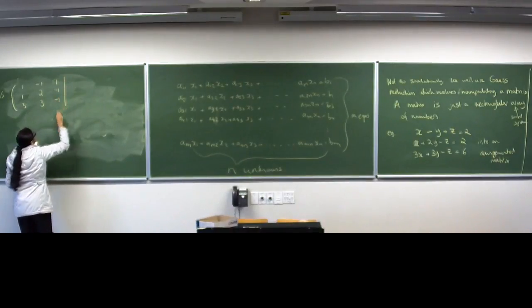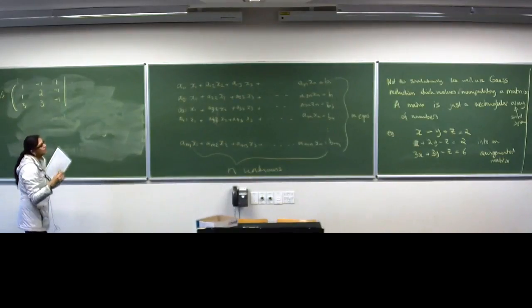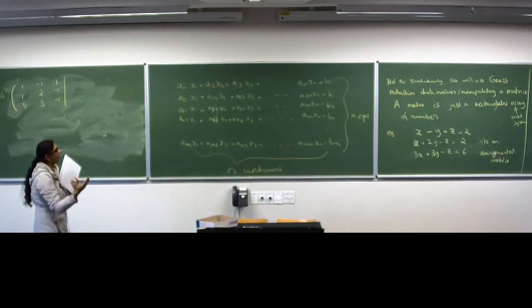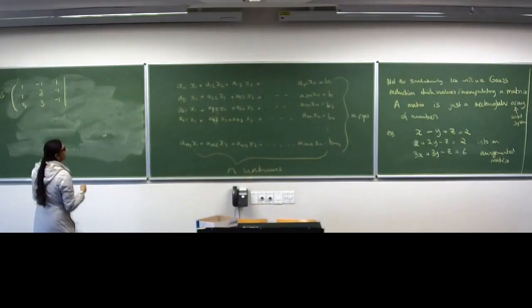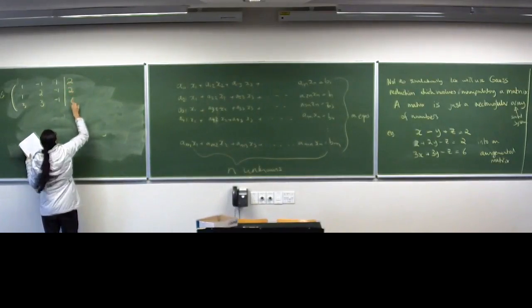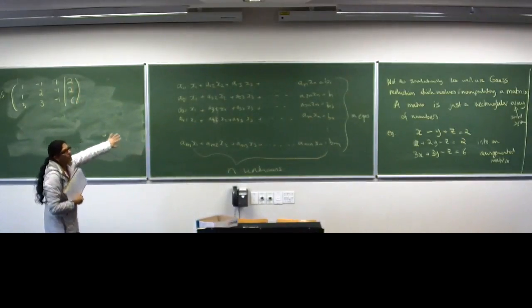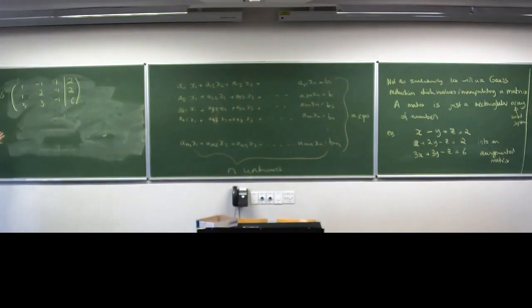Then there's a line here that represents the equal sign. And then the values on the right-hand side are the constants, 2, 2, and 6.